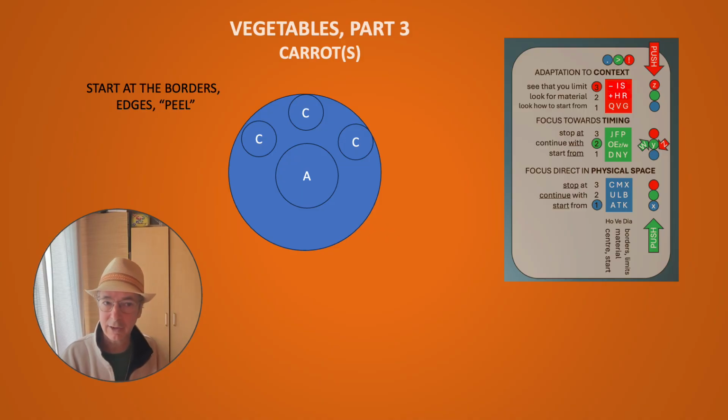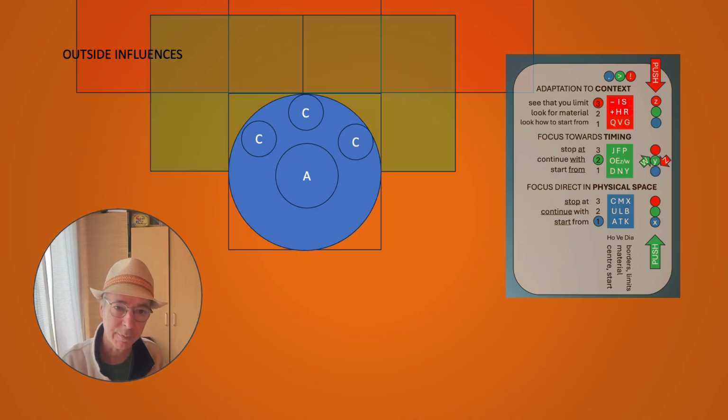So we start to realize what the carrot is or how it looks by emphasizing it mostly at the outside shell, let's say, or peel or edge or border. There we start to measure the elements together, the features of it, how it looks, and so on. So we will start from the outside with the C.